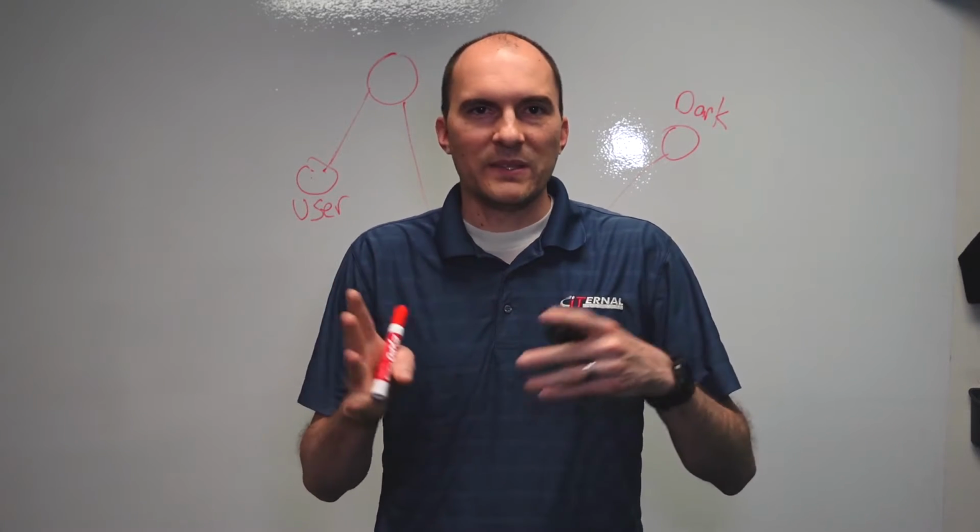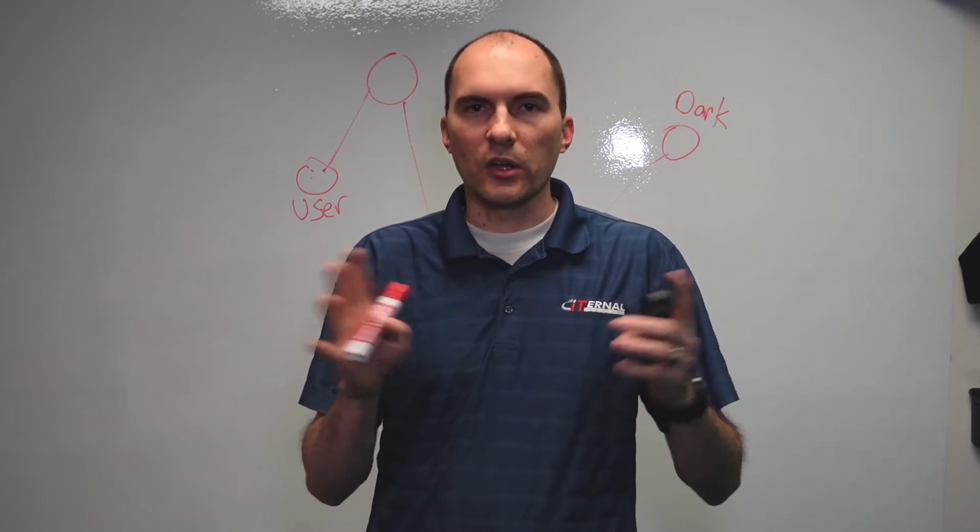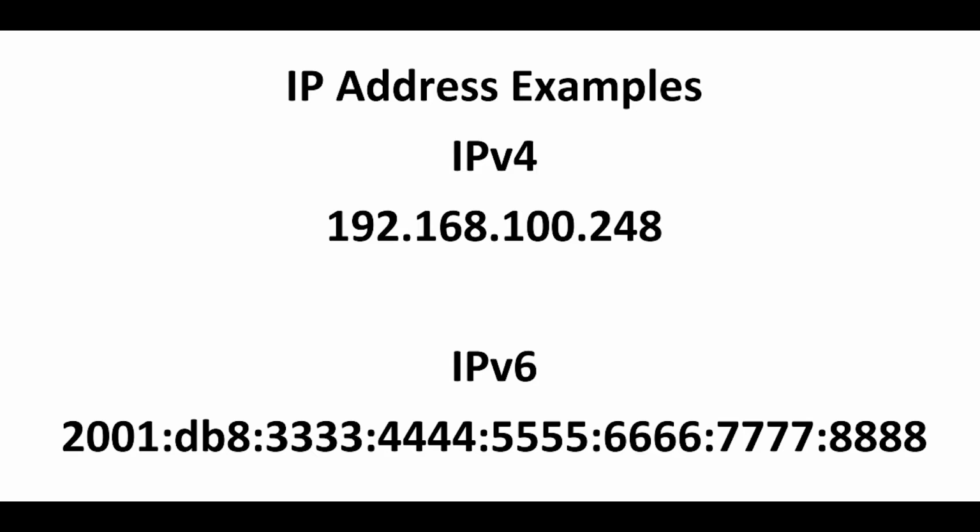Now, talking about bits and bytes and octets is all confusing, so I'm going to show you a picture here real quick so you can get a better understanding. This is an IPv4 address, 192.168.100.248. Pretty simple, pretty easy, right? Like a street address: street, city, state. Pretty easy to understand. IPv6 is much longer, with many more characters in there.